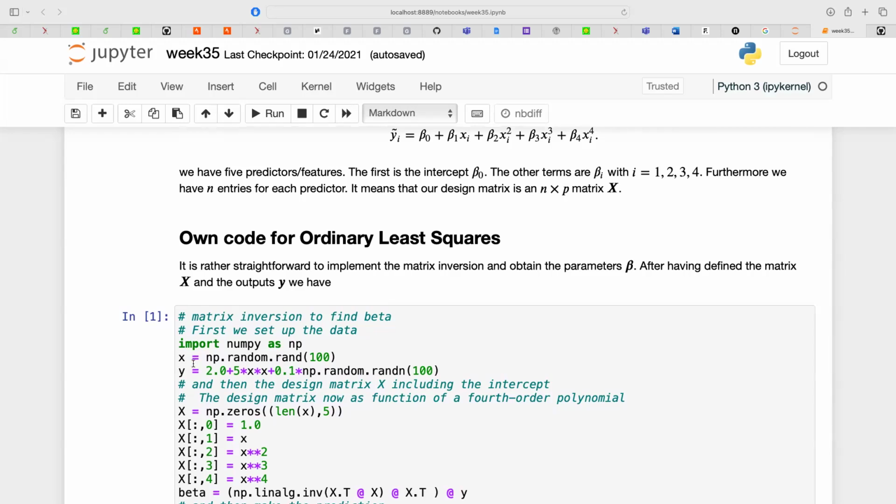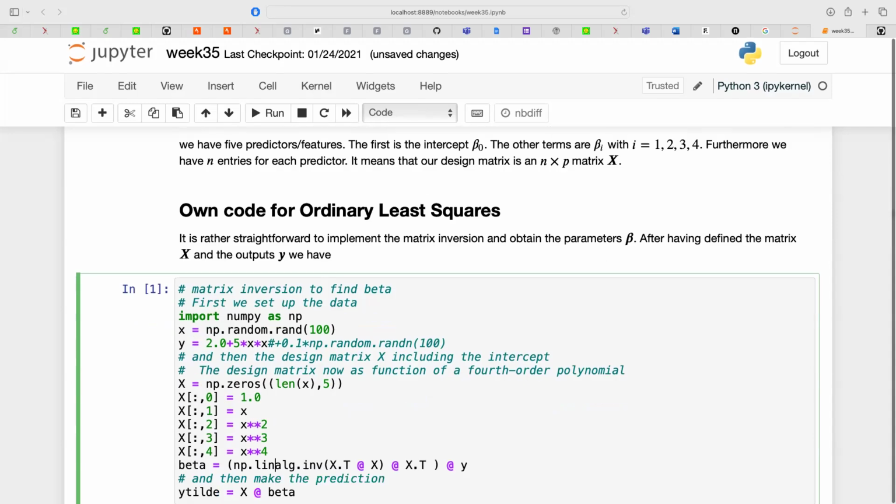So we have a random number between 0 and 1. And then we have a function y, which is now a polynomial. And there is some random noise here, as you can see. We can take away the random noise in the beginning, and this is a very useful test. In this particular case, I don't know anything about the function, and I'm just guessing that it's a fourth-order polynomial.